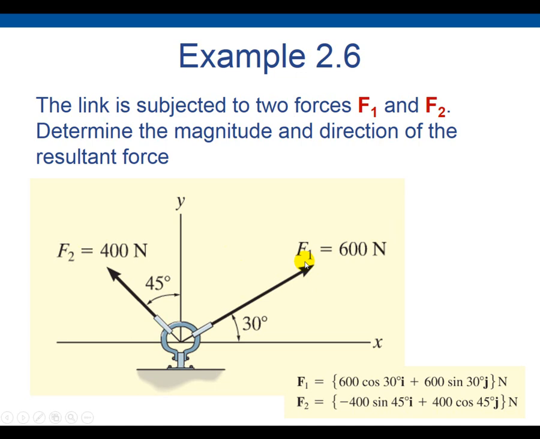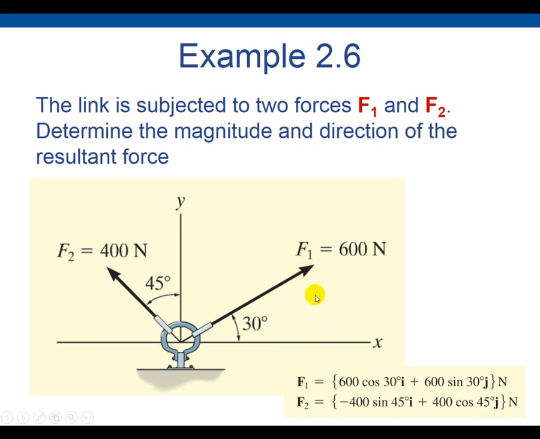F1 has 600 Newton, F2 has 400 Newton, and this is the directions, the angle relative to the x-axis and y-axis. So let's express these force vectors in a Cartesian notation.